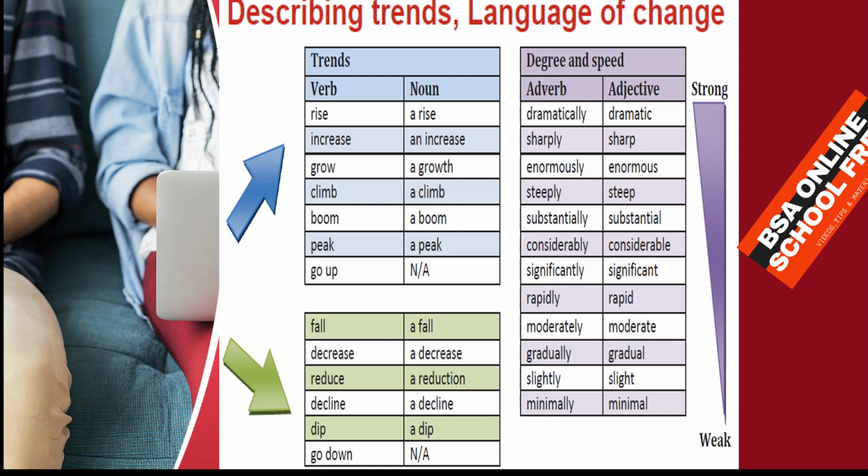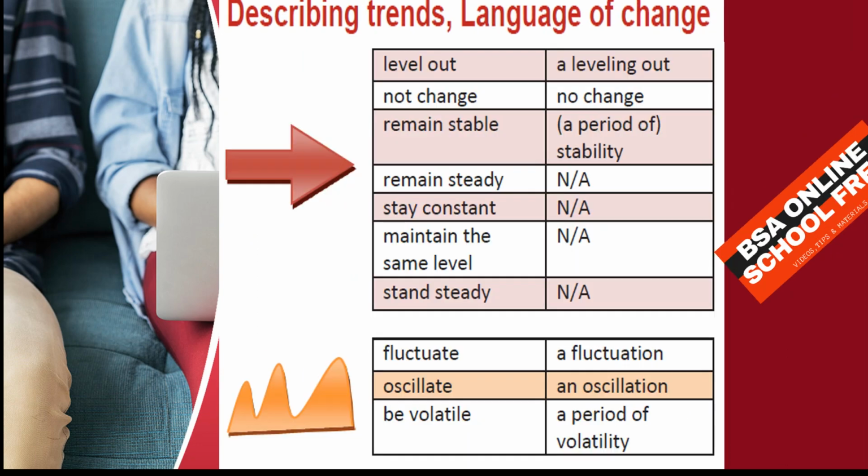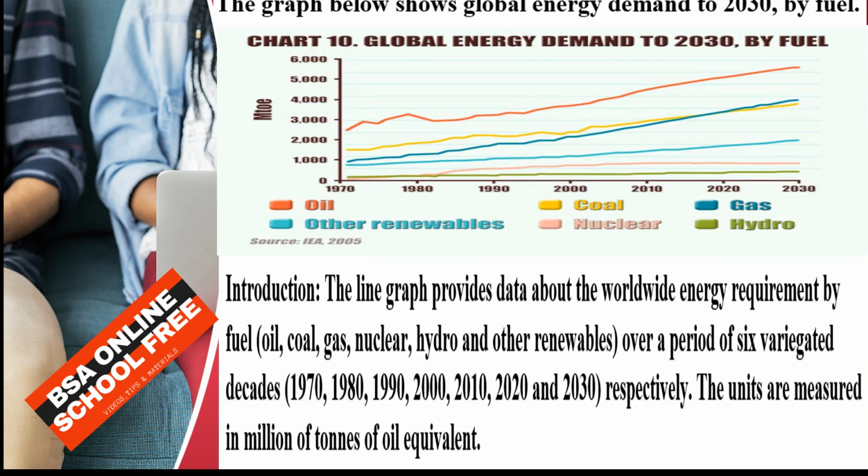If there is no change, there was a leveling out, there was no change, there was a period of stability. If there are fluctuations, you can say oscillation, a period of volatility.